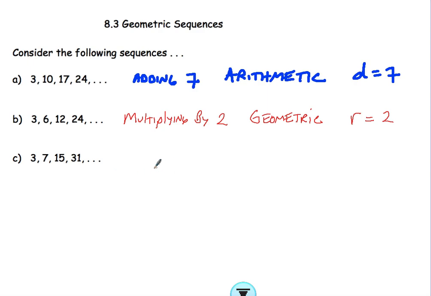C, see if you can find the pattern. Are you adding something each time? Are you multiplying by the same thing each time? No, it does not look like we're adding the same amount each time, and it also does not look like we're multiplying by the same amount each time. So this is neither arithmetic or geometric.